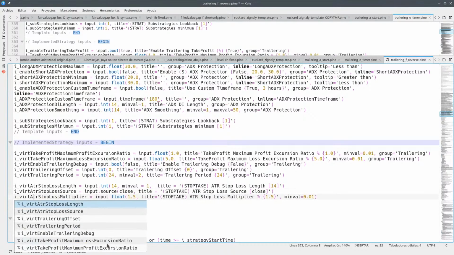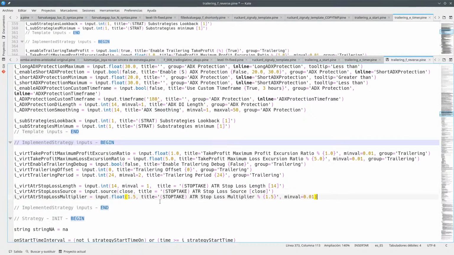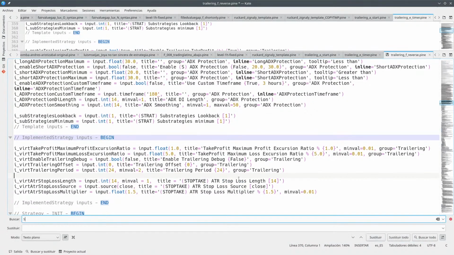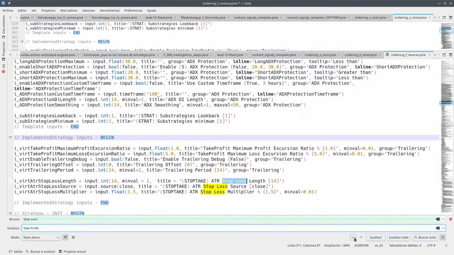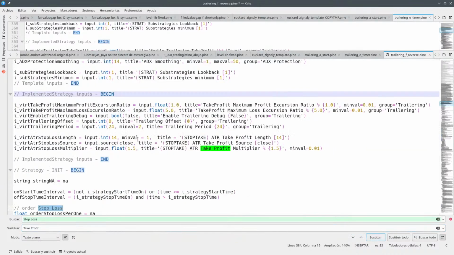So instead of being a stop loss, this is going to be take profit because I say so. Okay, this is take profit.